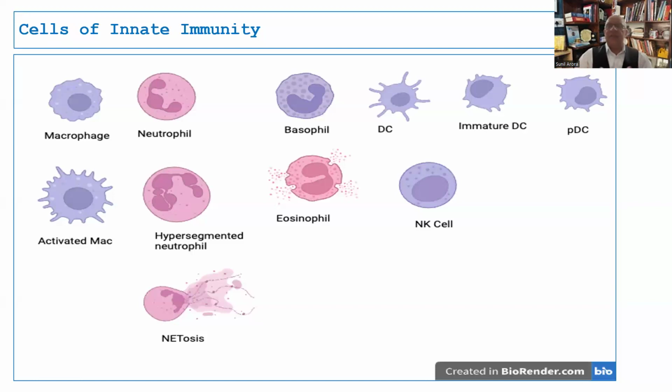So those dead neutrophils give that color to the pus also. So all these things happen in the neutrophils, making them a very good cell of the innate immune response. Then comes the dendritic cells.